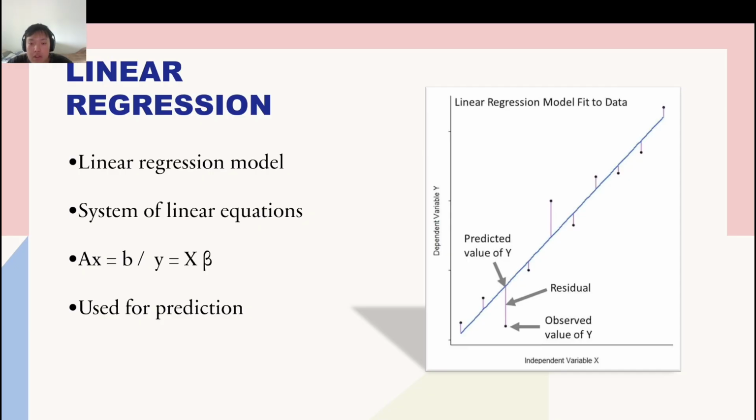By solving this linear system, data scientists find the best fitting line or hyperplane that minimizes prediction error. This method is widely used in tasks such as sales forecasting, price estimation, and trend analysis.